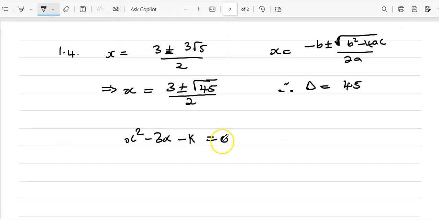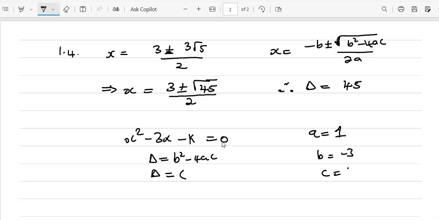The discriminant is equal to b squared minus 4ac. Remember our ingredients: the value of a is 1, the value of b is minus 3, and the value of c is negative k. So we need to sub in the values here. b squared is minus 3 squared, minus 4 times the value of a, 1, and the value of c, which is minus k.